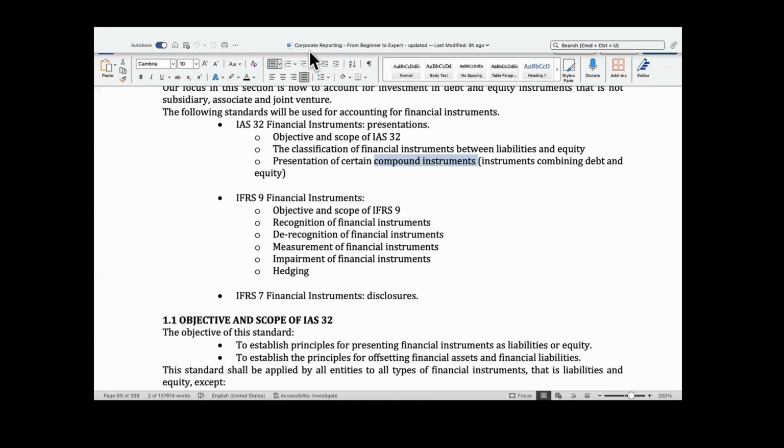The standard we did that was IFRS 2 on share-based payment, where there is a choice of settlement.